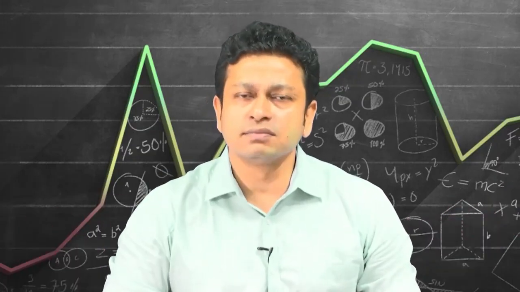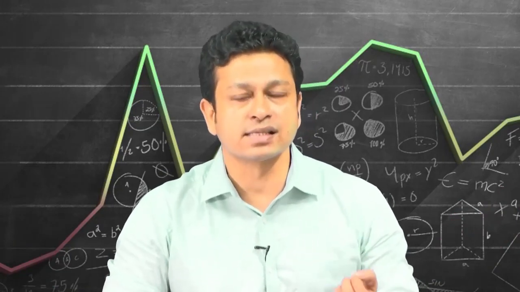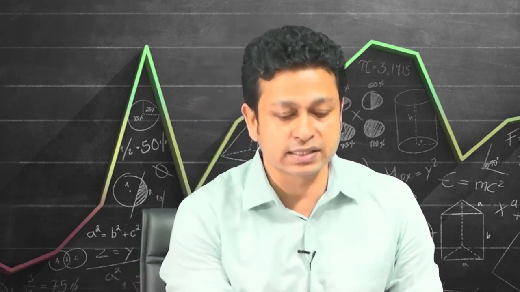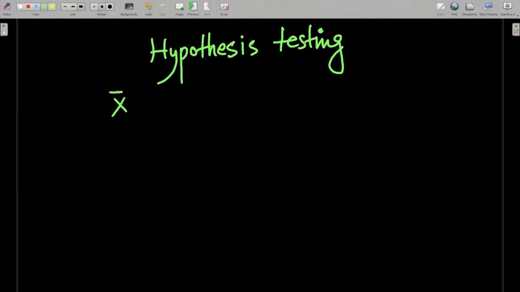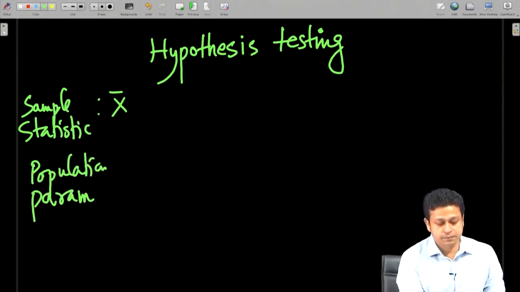So, because of that challenge, we always use a sample statistic to estimate the population parameter. Let us say a sample statistic is x bar, which we write as the sample statistic, and we use this sample statistic to estimate a population parameter mu.